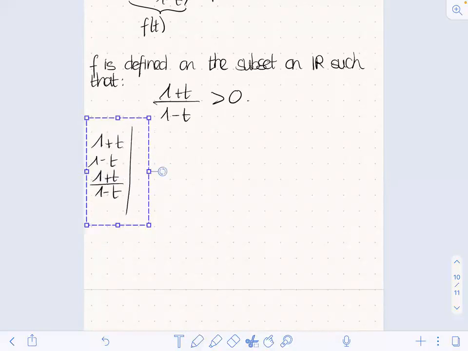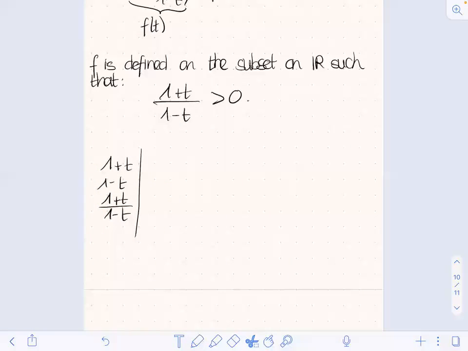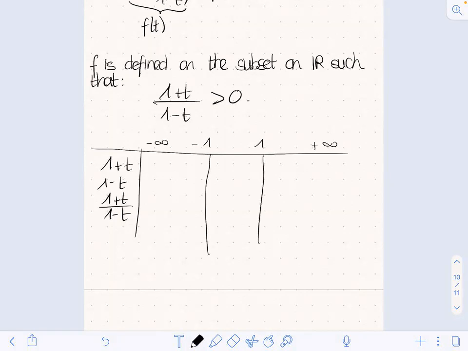We're going to have two critical points, so you can go from minus infinity to minus 1 to 1 to plus infinity. So I have 3 columns. 1 plus t is negative and then positive. 1 minus t is positive up till 1, I think, and then negative. And so you get negative, positive, and negative.